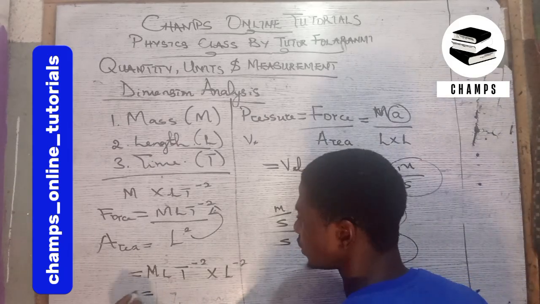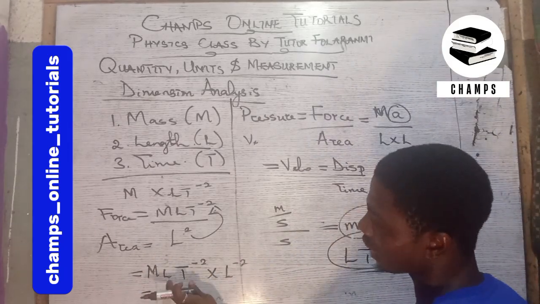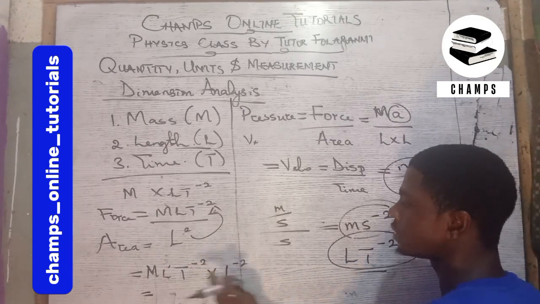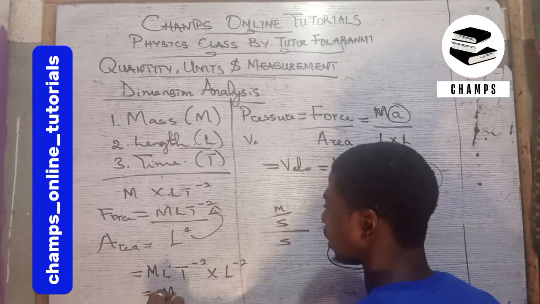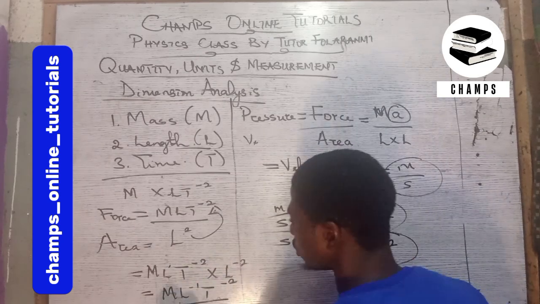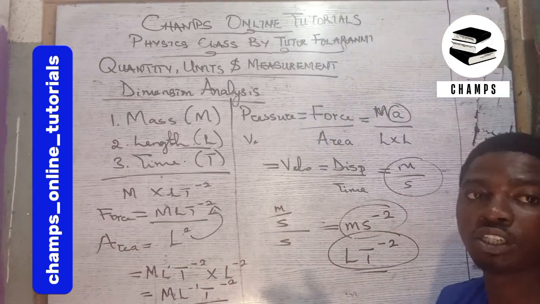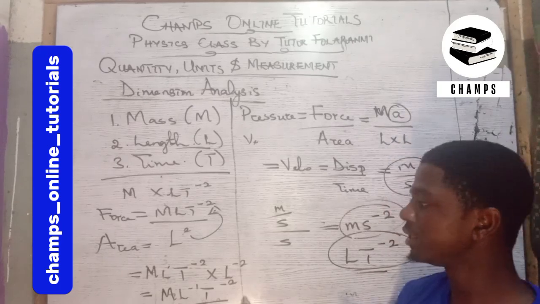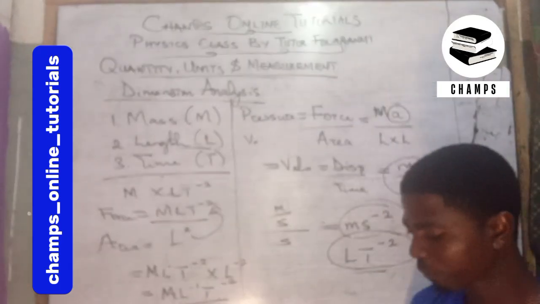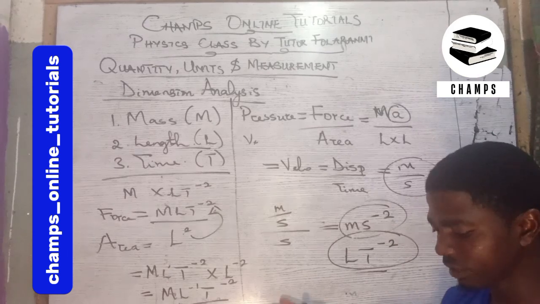And the last part, we have 1 L here, and we have minus 2 L here. Minus 1 minus 2, we have ML raised to power minus 1 T raised to power minus 2. So I believe this is very much clear, and you understand this when it comes to the dimension analysis of pressure.